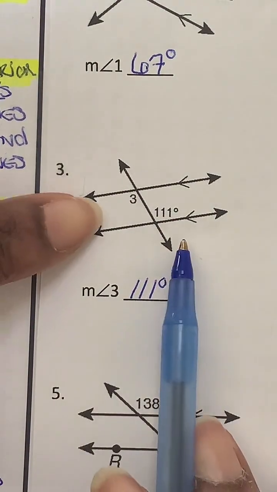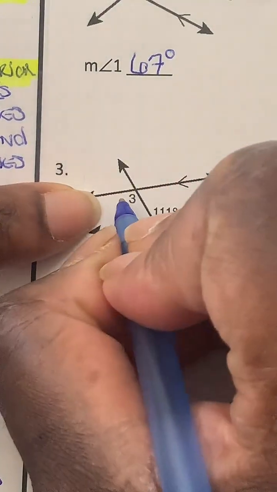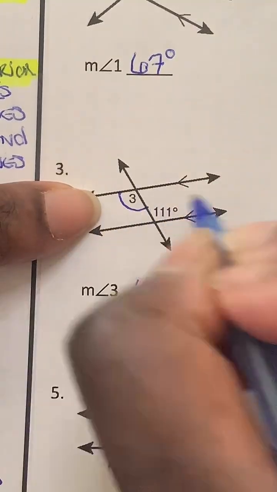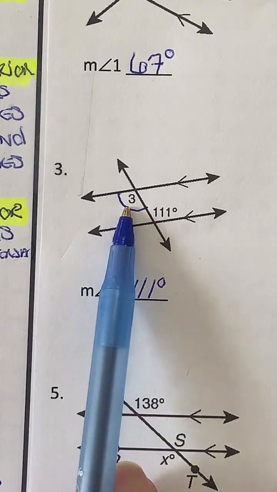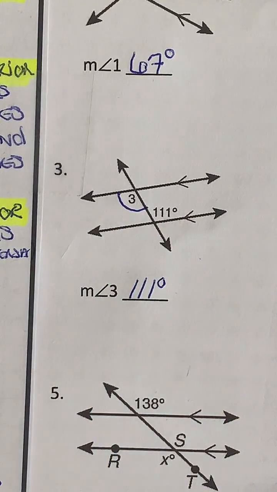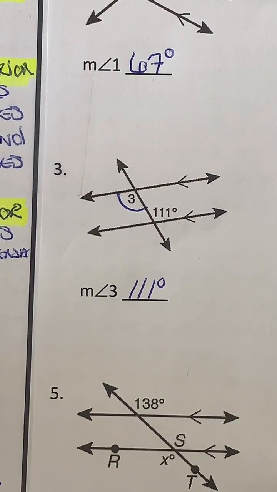Okay? And the reason why, what kind of angles are these? The angle 3 and the 111 given. Good. Alternate, yes. Alternate interior angles. Okay.